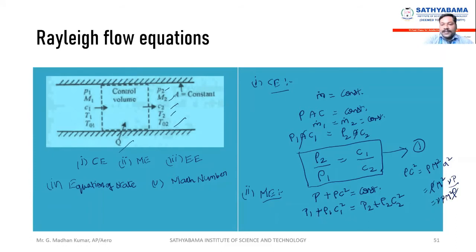So we can replace rho 1 C1 square: p1 plus gamma p1 M1 square is equal to p2 plus gamma p2 M2 square.